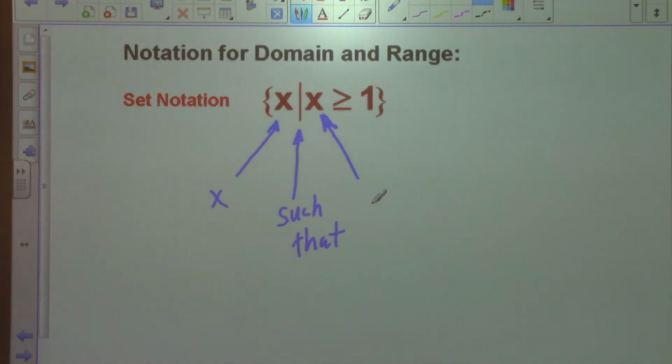Then we would have X is greater than... is that all? Greater than or equal to, thank you, Jaden.